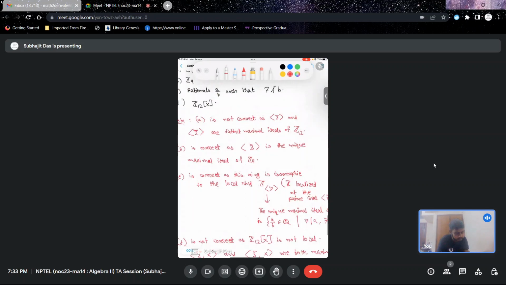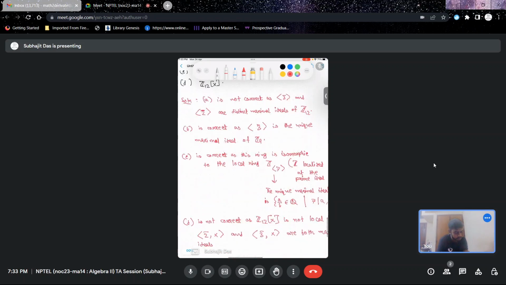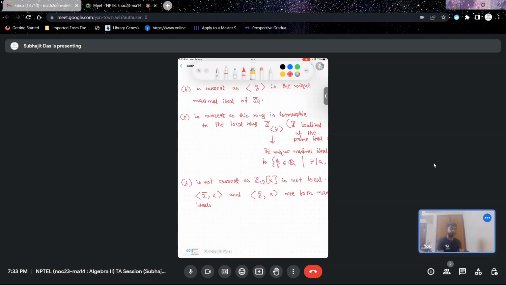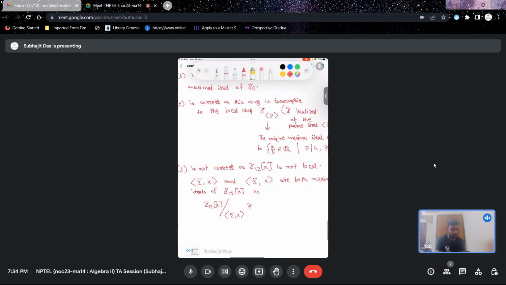Okay, let me just check one thing. Yeah, these are both maximal ideals of Z12[x], as Z12[x] modded out by the ideal generated by 2, x is isomorphic to Z12 modded out by 2.